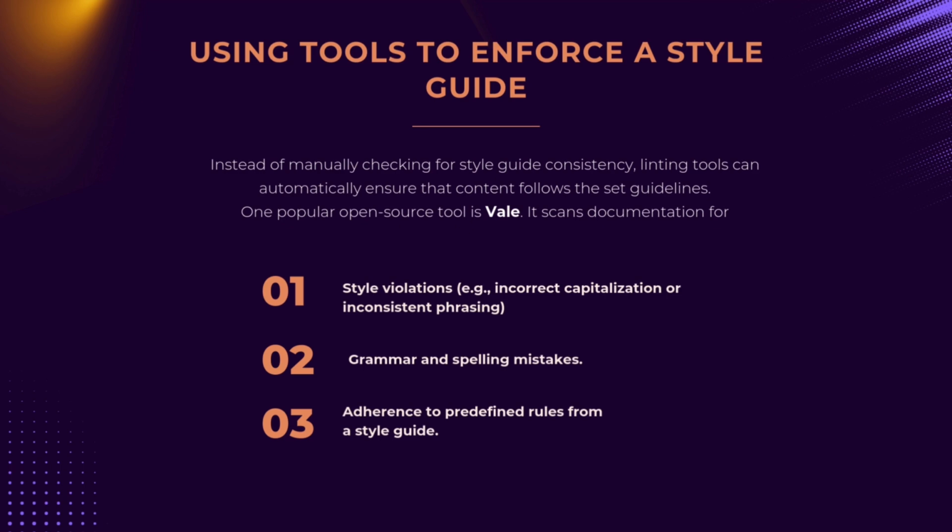It will flag it out and you get it fixed. So that is one way to enforce it. Just having the content somewhere doesn't enforce it, so it's very important and also recommended for writers to have access to Vale.